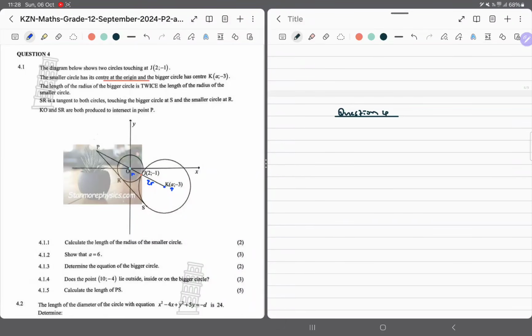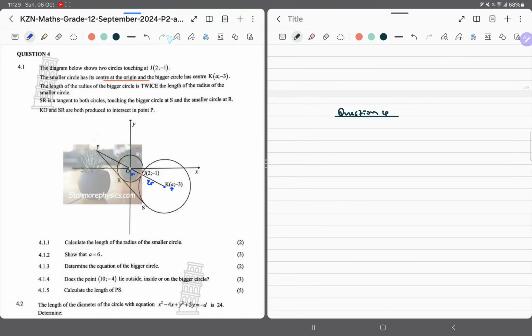That's just the idea, essentially. Now this means if we can find the radius R, we have found the length JK. And from that, we can actually use our distance formula to solve for A. So this is cool. So this is giving us a way of solving our problem nicely.